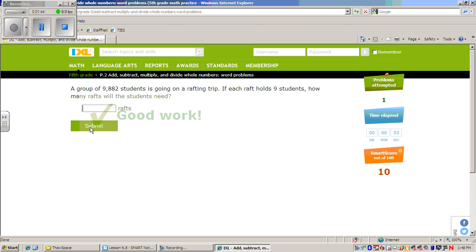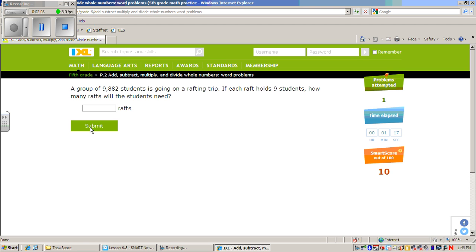So let's see how we did. Perfect. Next, a group of 9,882 students is going on a rafting trip. If each raft holds 9 students, how many rafts will the students need? Here's another thing to think about with this one.